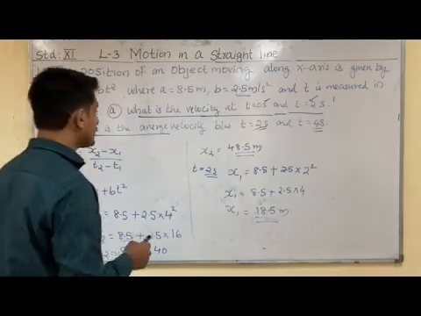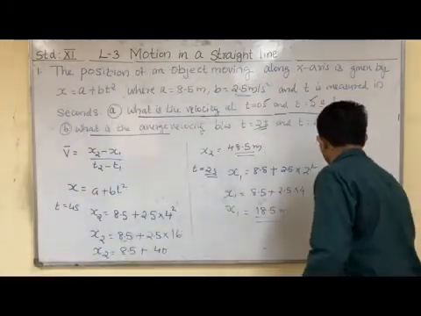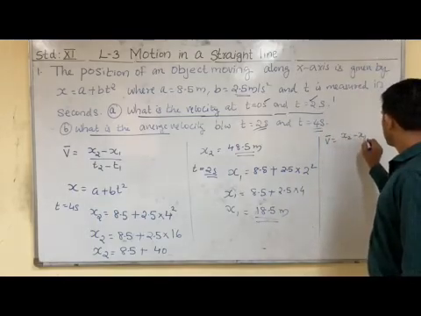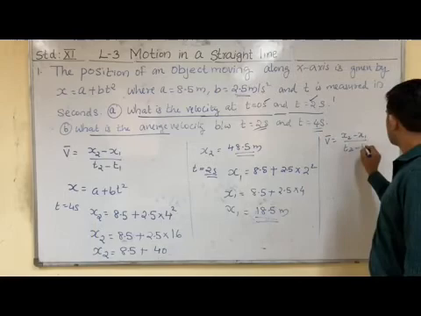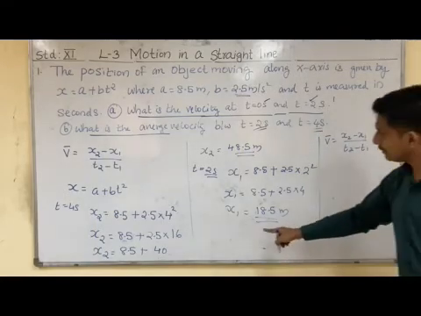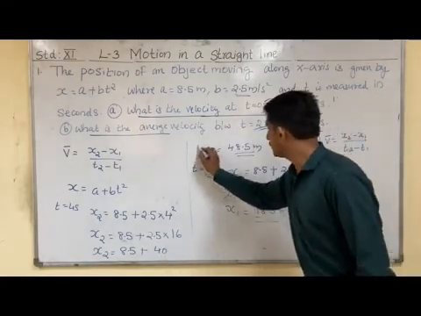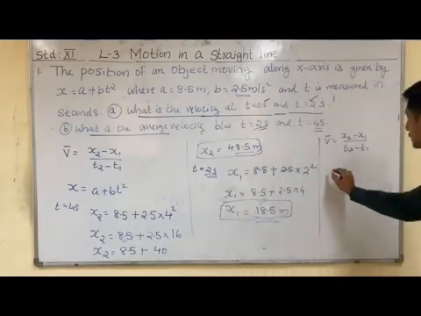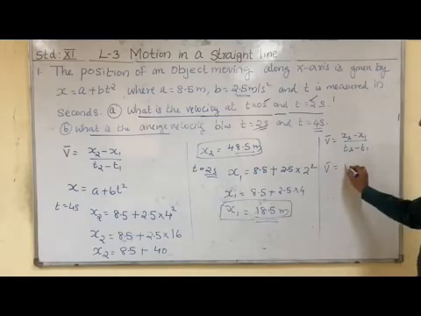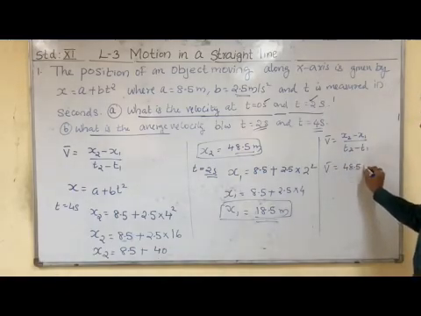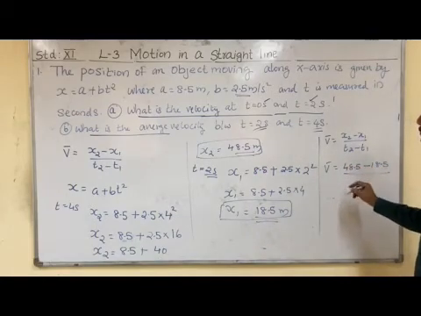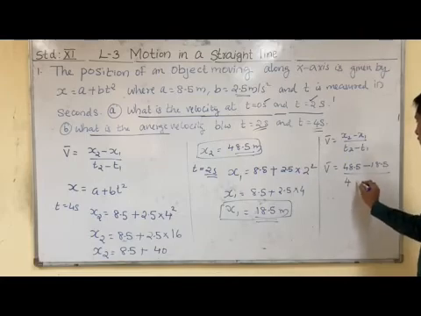So our equation for average velocity is x2 minus x1 divided by t2 minus t1. We have the values of x2 and x1, and we can substitute in this equation. Average velocity is equal to 48.5 minus 18.5 divided by t2, which is 4 seconds, minus t1, which is 2 seconds.